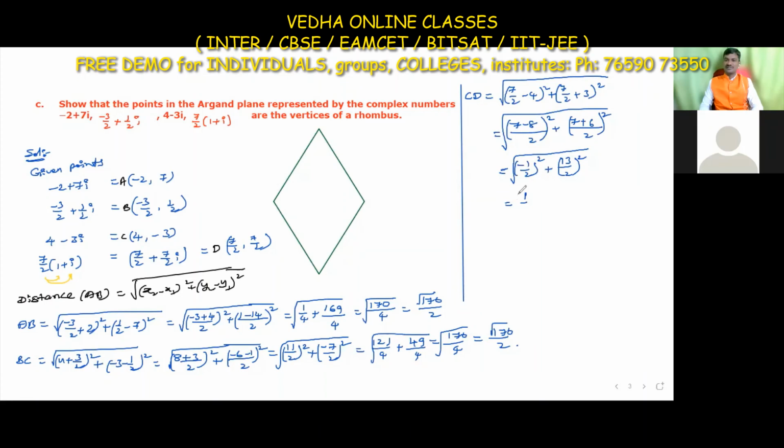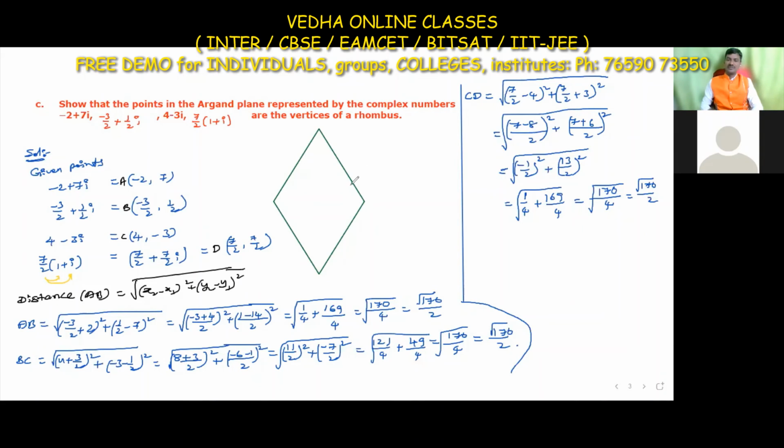We have a square, so that's why we get plus. 1 by 2 square is 1 by 4, and 13 by 2 square is 169 by 4. The denominators are equal, so LCM is 4 only. So add the numerators 1 plus 169, 170. So that means root 170 divided by 2.